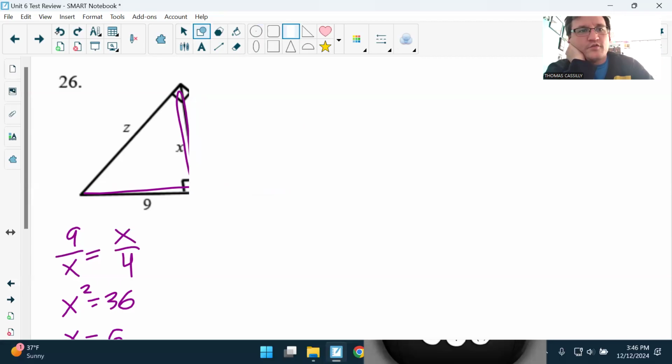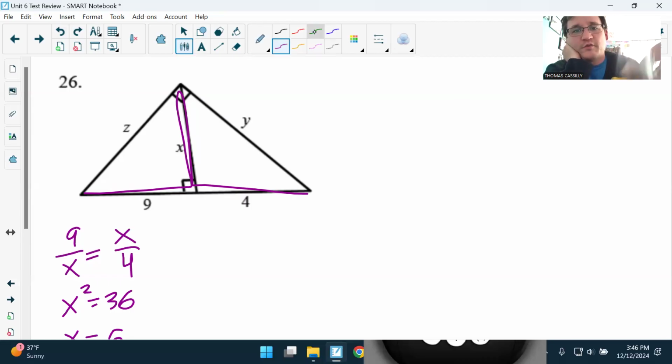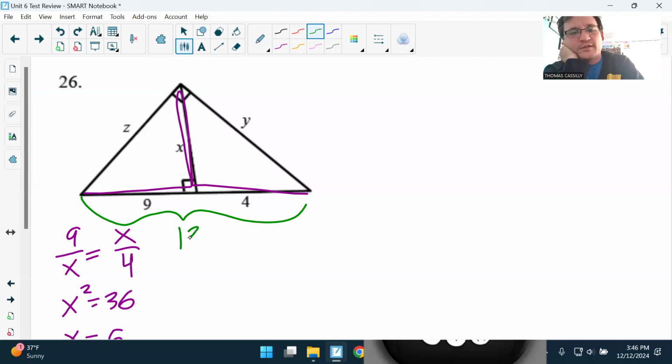Just like before, we are comparing a hypotenuse to another hypotenuse. So what is the hypotenuse of the big overall triangle? It's 13. So if I compare the hypotenuse to the hypotenuse, we have 13 over z.